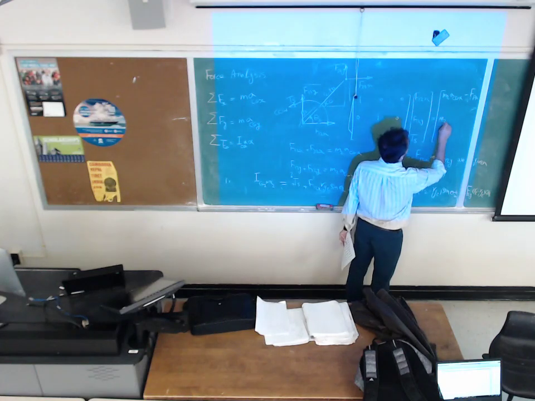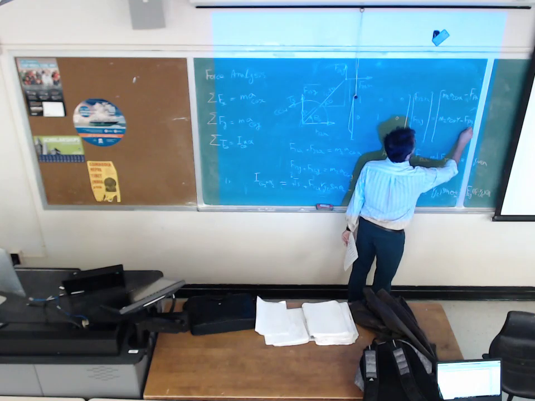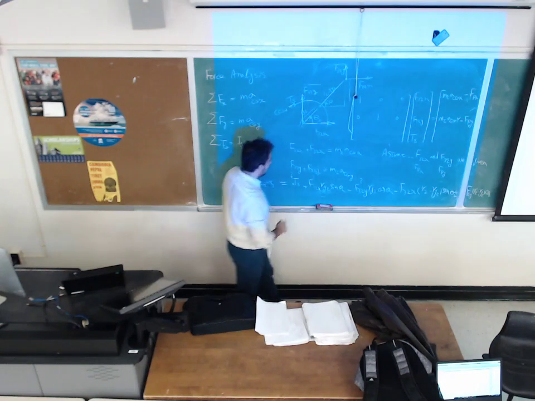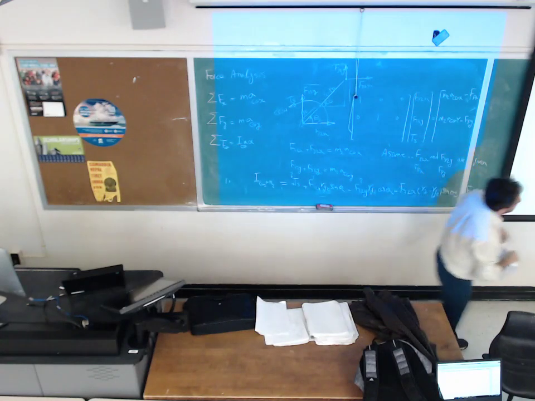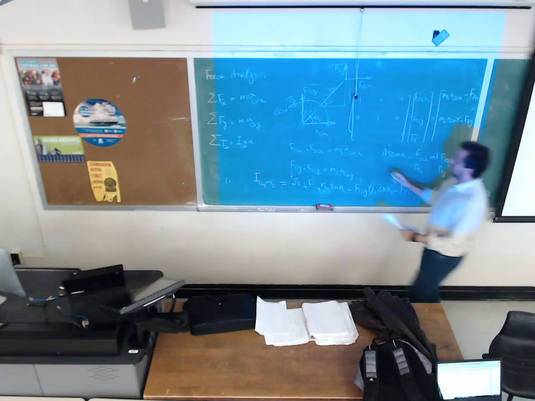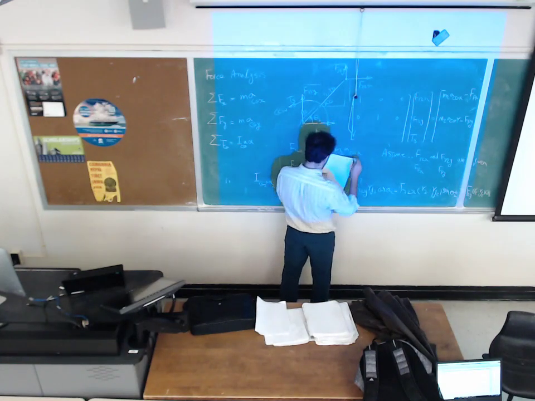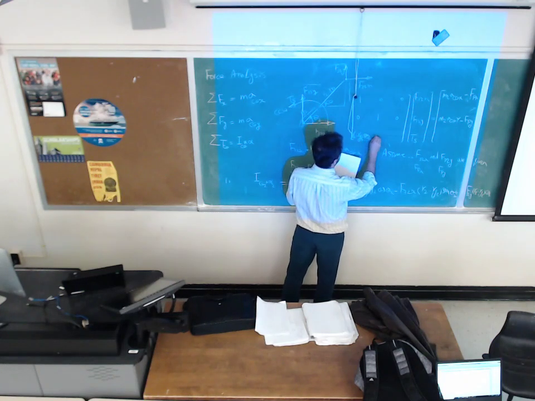And the last equation: the coefficient of F12x is this guy, and the coefficient of F12y is negative RG2 cosine of theta 2. Let me plug in there: R2 minus RG2 times sine of theta 2. The second term is negative R2 minus RG2 cosine of theta 2. And the coefficient of TS is 1.